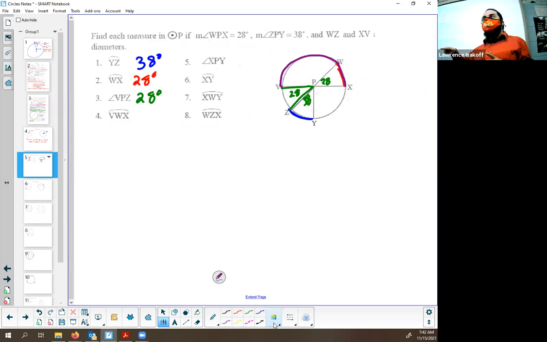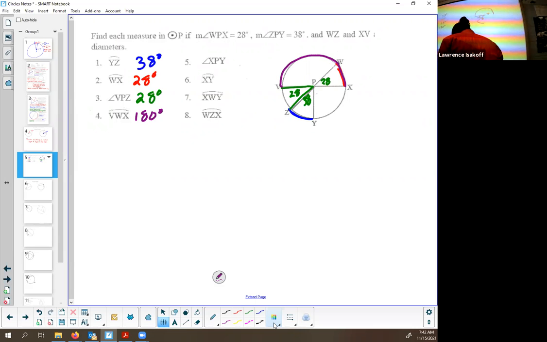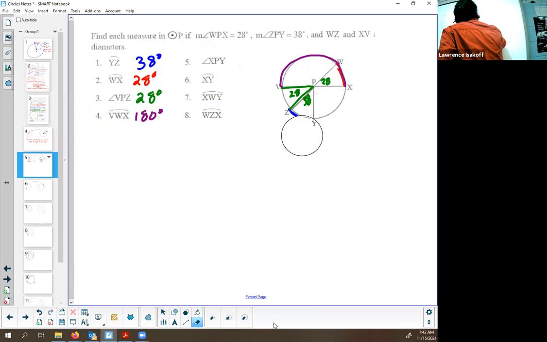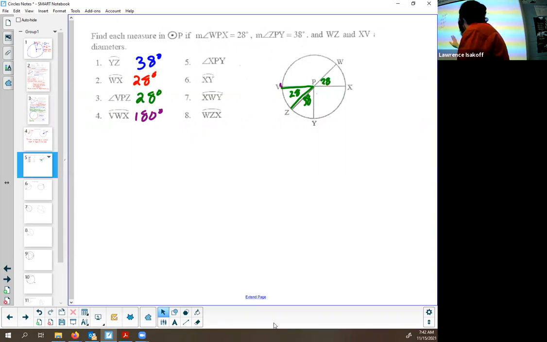Full circle is 360, so half a circle would be 180. Now I'm going to erase some of the initial markings, just to help with the second half here.